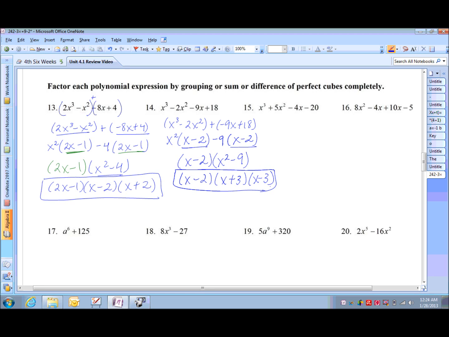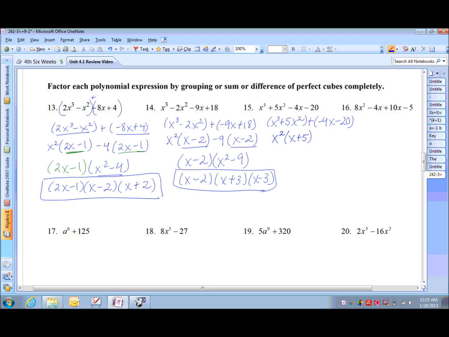Okay, in 15, we group the first 2 terms together, x cubed plus 5x squared, plus negative 4x minus 20, while we're grouping the second 2 terms together. Okay, let's pull out the GCFs. The GCF of the first set of parentheses is x squared, and you're left with x plus 5.